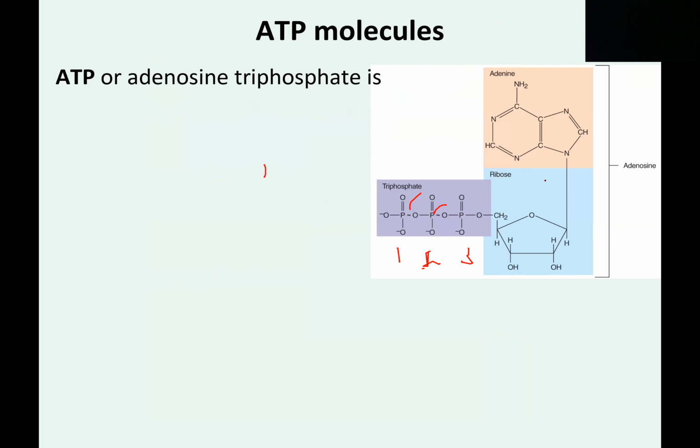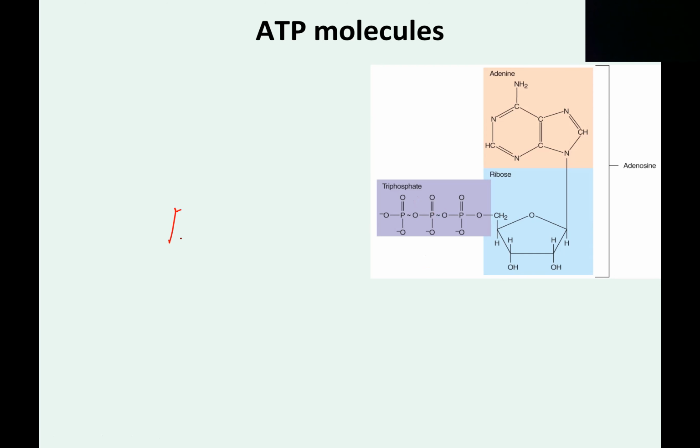Let's see if I can get rid of some of this. Okay, the ATP cycle is ATP, ADP plus an inorganic phosphate.